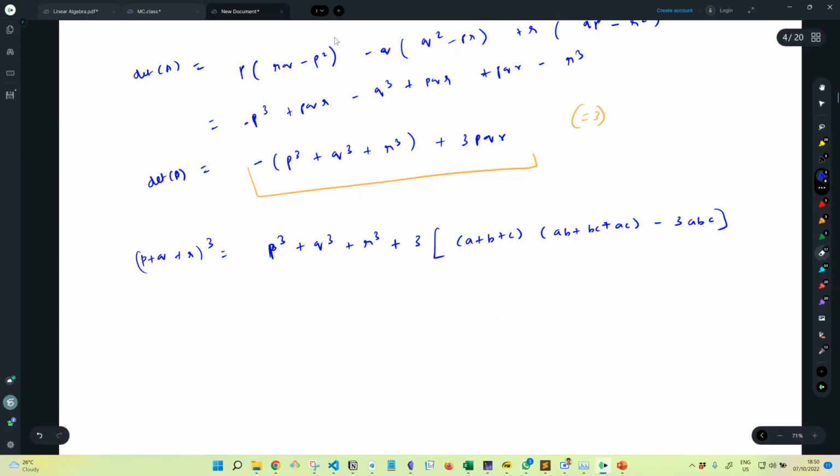Sorry, minus ABC. This is the formula for A plus B plus C the whole cube.